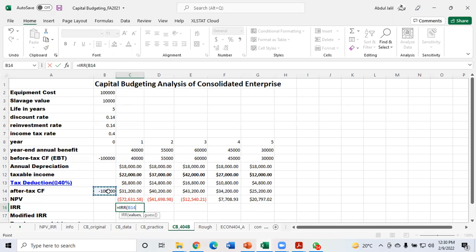So this is the first value, and then you are going to take this value. And starting again from this value, you are going to use F4, and you are not going to fix this one.